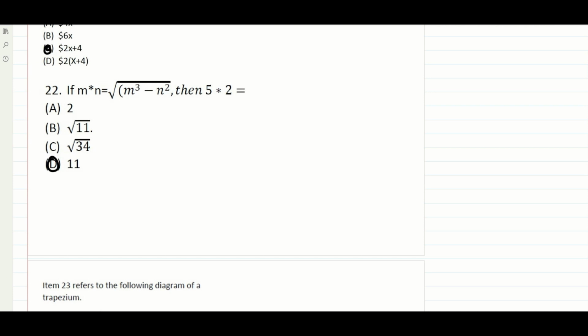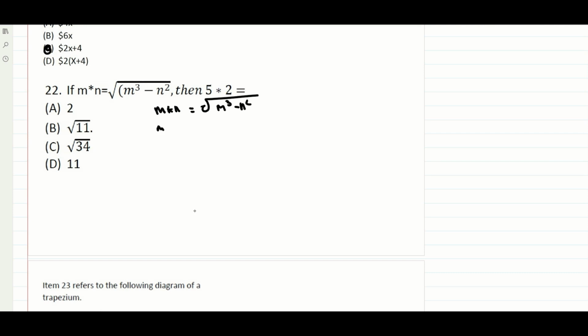Let me not remember the letters, remember the actual answer. So they're telling you that m asterisk n is equal to the square root of m cubed... hold on, no, this is wrong what I did. m asterisk n is the square root of m cubed minus n squared.